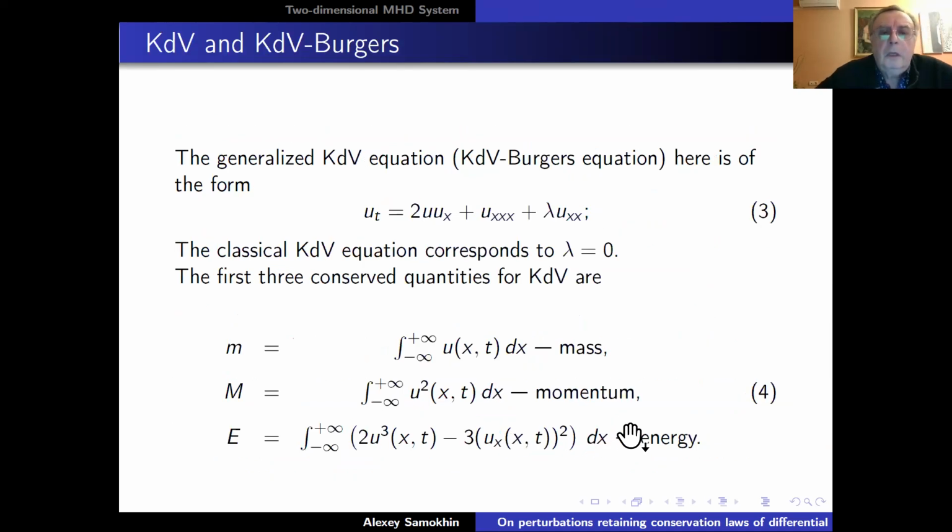Well, begin with simple examples. The KdV equation is: the first two terms are KdV, and plus a dissipative term, it is the KdV-Burgers equation.